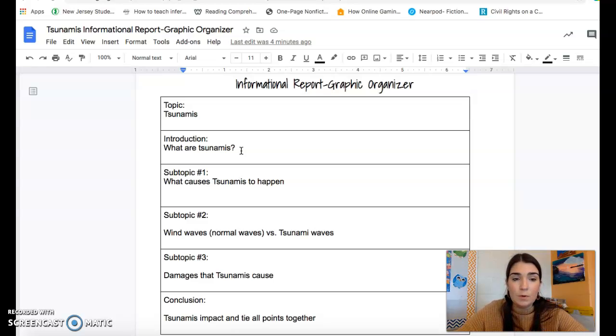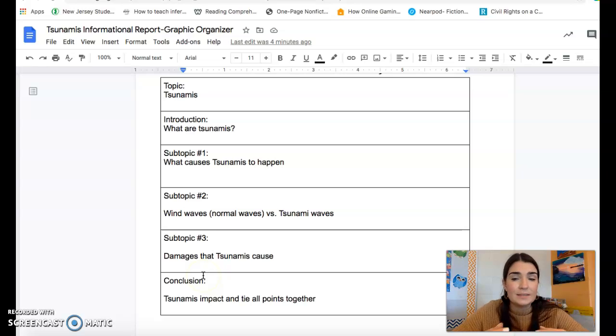The next thing that I'm worried about, and we really want to plan this out, is the 3 different subtopics or headings that we are going to use to organize our research. We learned about headings when we started talking about nonfiction text structures and features. We looked at headings as a way to organize that information.